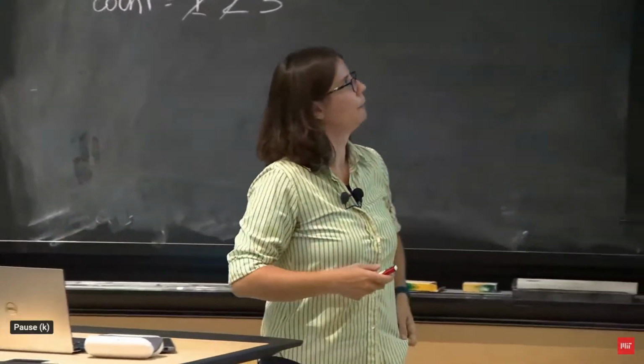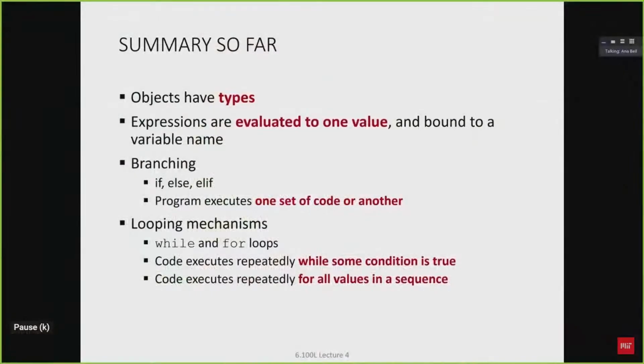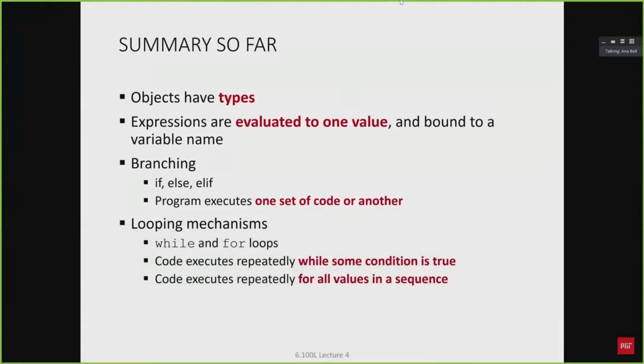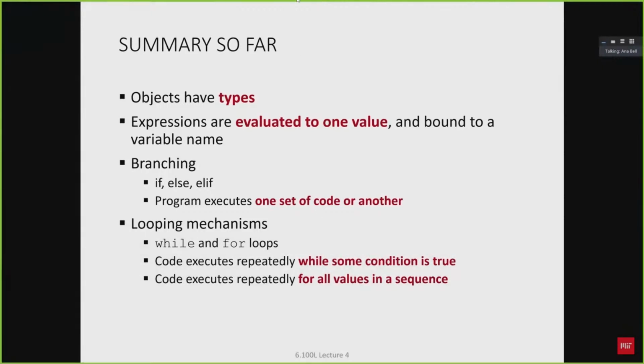Okay, quick summary of what we've seen so far before we start looking at our first algorithm. We've seen objects, that's how we write Python programs. We manipulate objects by saving them to variables so the values are more easily accessible. We have expressions that evaluate to different things: integers, floats, booleans. We added branching as a control flow mechanism to our program. It says, hey Python, either evaluate this set of statements or this other set of statements, depending on whether this condition is true.